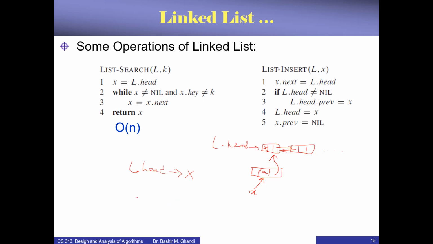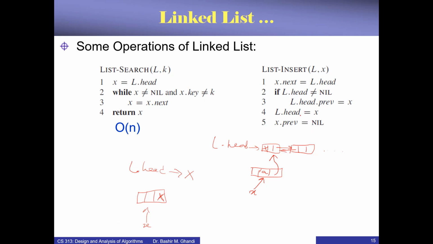If it is empty, the operation we just did above, x.next equal to L.head, simply makes x.next nil. So the second statement is saying if L.head is not nil, which is what will happen in this second scenario. It doesn't happen in the first scenario.